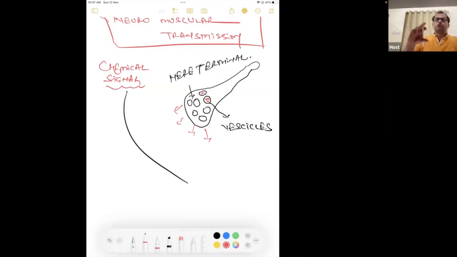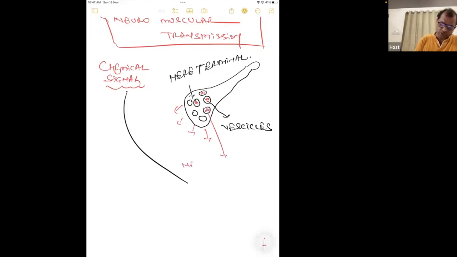Like you have a perfume bottle and inside you have perfume, and perfume is a chemical. So inside the pouch, these chemicals are stored. These chemicals are very important. These chemicals are called neurotransmitters.